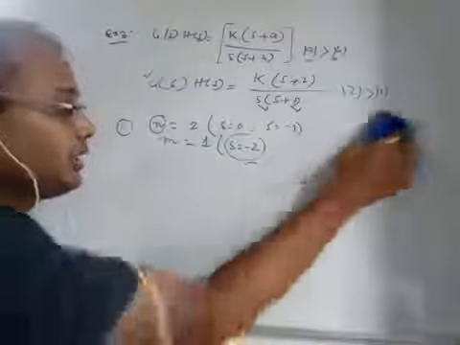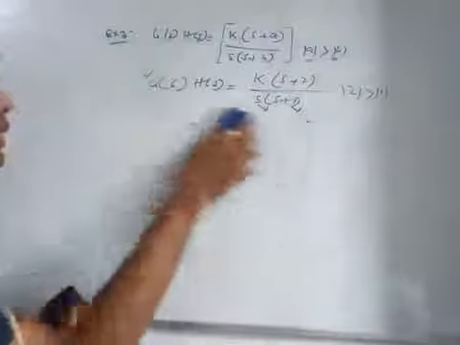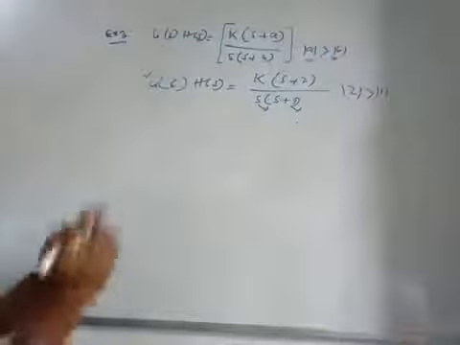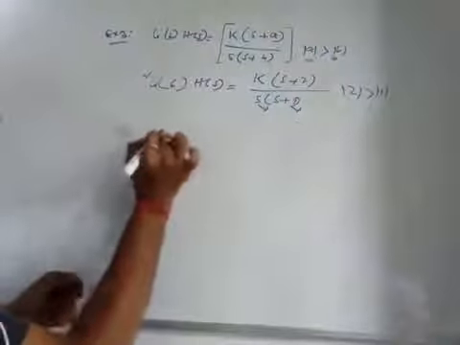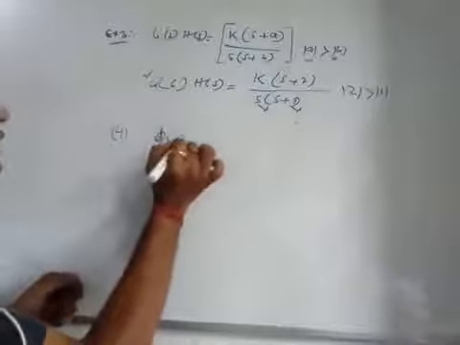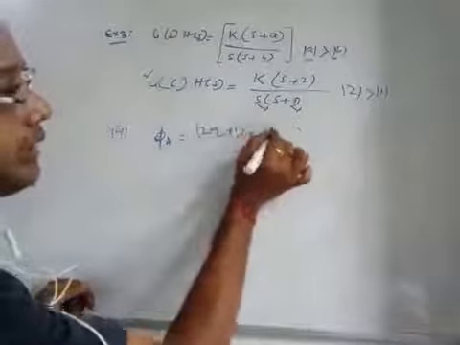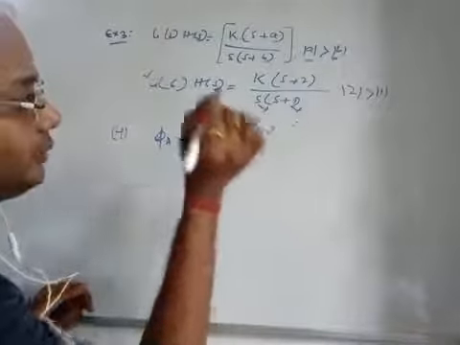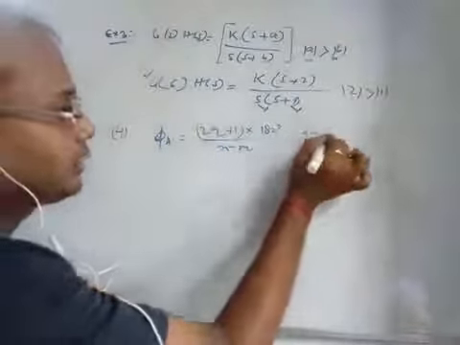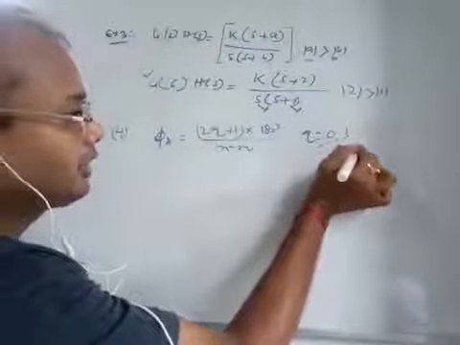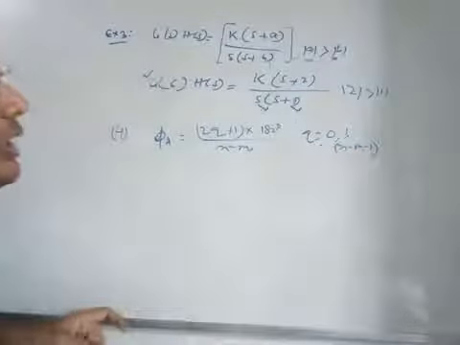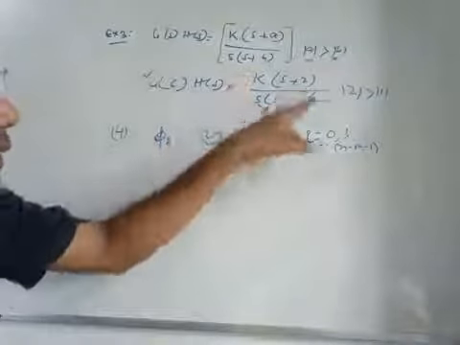We will take the same next step, that is your step 4, asymptotic angle. This is your phi a, that is 2q plus 1 into 180 degree divided by n minus m, where the value of q varies from 0, 1 up to n minus m minus 1. So in this case, n is 2 and m is 1.